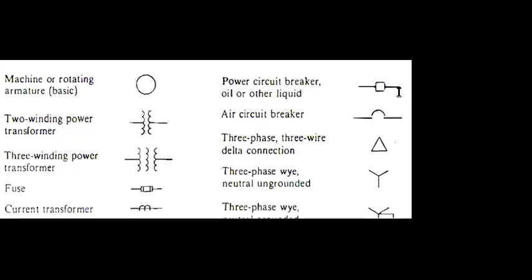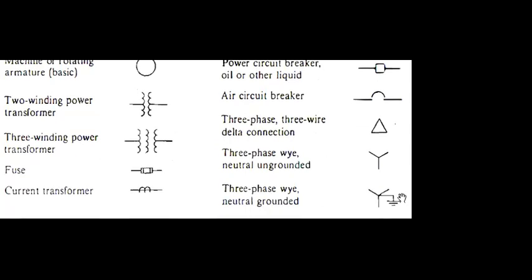Power circuit breaker, air circuit breaker. There you have some circuit breaker whose extinction medium is air, free air. Three-phase, three-wire delta connection, Y connection, this is already known to you, the Y delta configuration for the circuit. Regarding the Y configuration, you may have Y without the neutral wire.